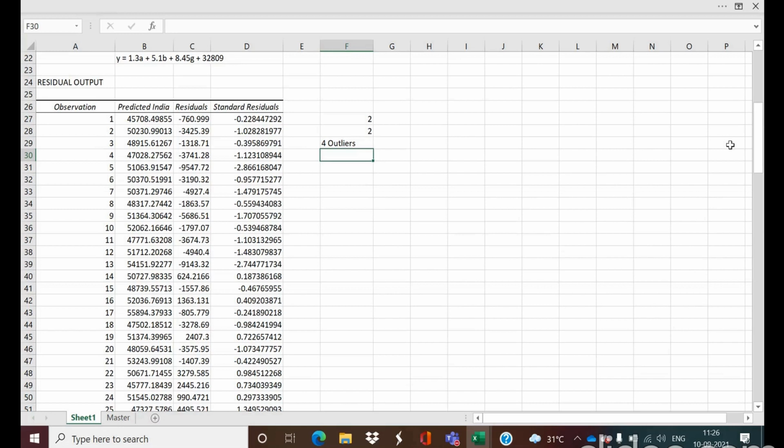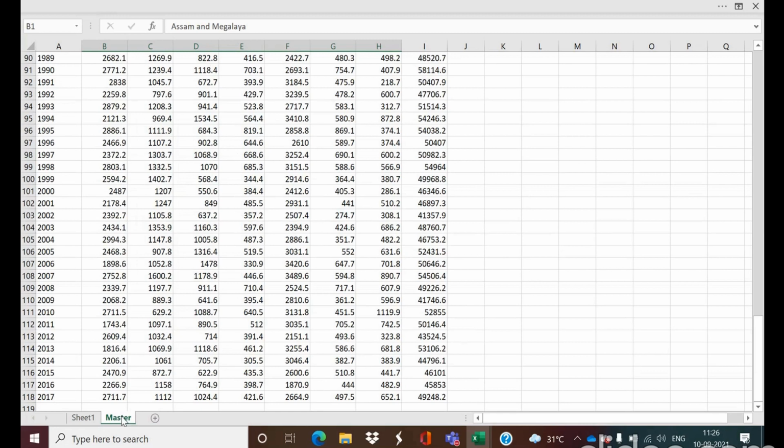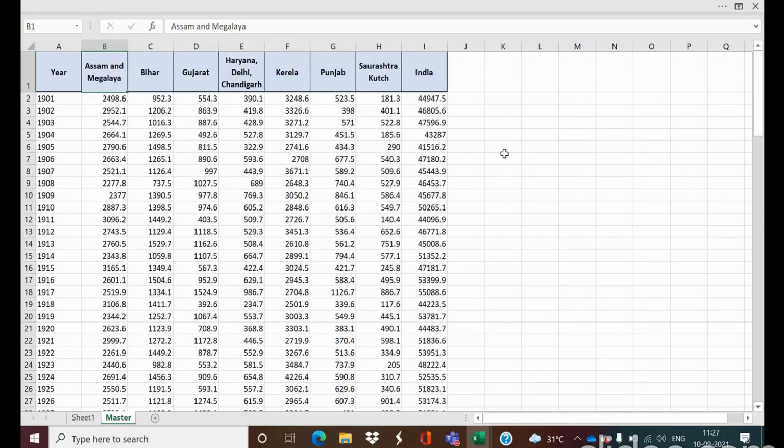Now go to the master sheet again. Now go up, do the same exercise, taking Haryana, Kerala, Punjab and Saurashtra.